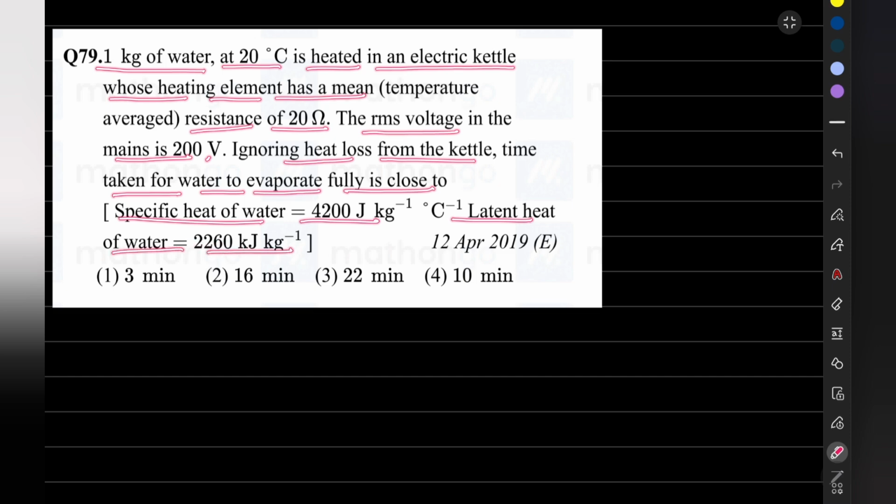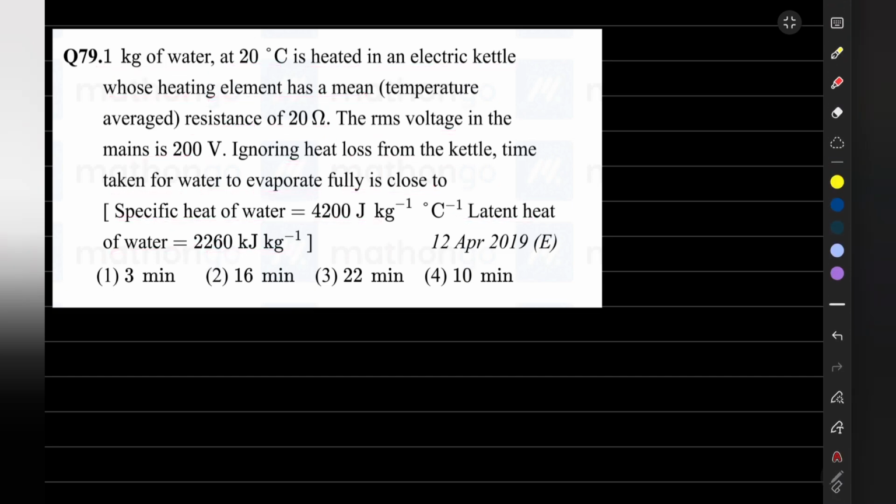So let's try to understand what is the meaning of this question. Basically we have one kettle and in this kettle we are boiling the water. So how much time will it take to completely evaporate the water?